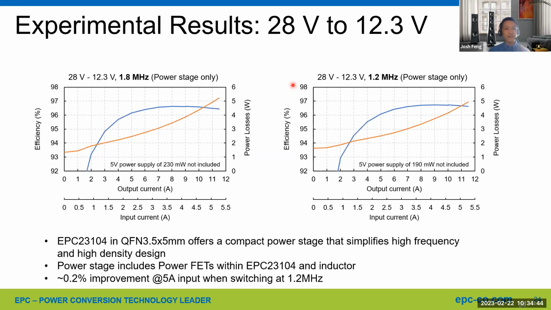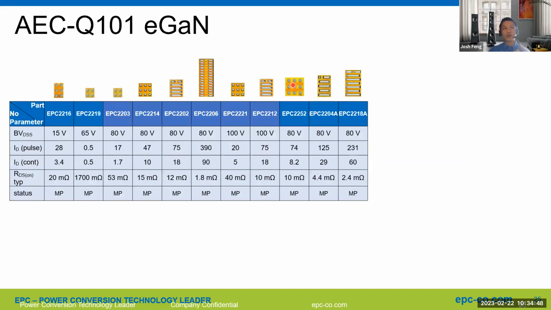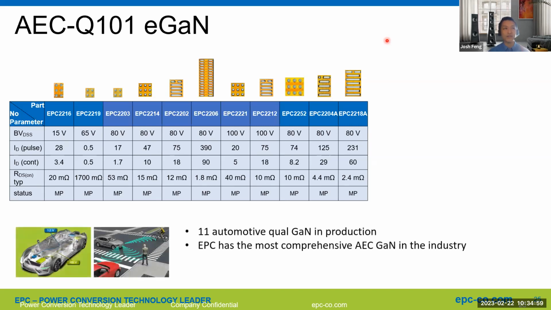Last but not least, in case customers are designing for industrial or automotive-qualified PD applications, we also have a line of Q101 GaN devices available. In total, today we have released about 11 automotive-qualified GaN devices in production. We probably have the most comprehensive mid-voltage AEC GaN in the industry.